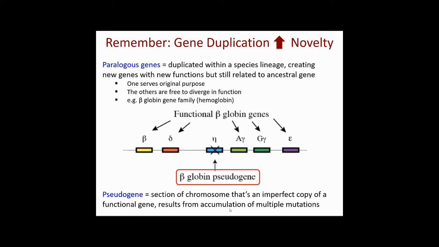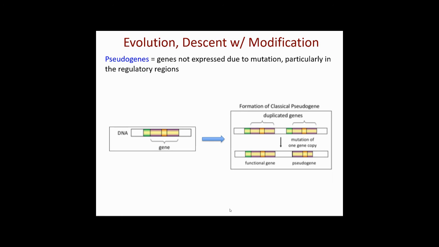Its DNA-based sequence is nearly identical to that of its functional neighbors, so it's easy to recognize in DNA analysis, but it contains a series of errors that keep it from functioning.